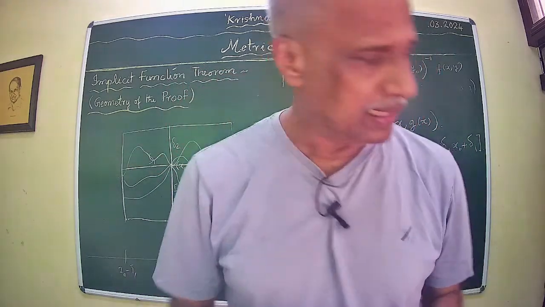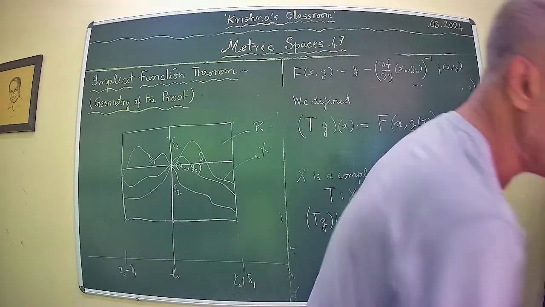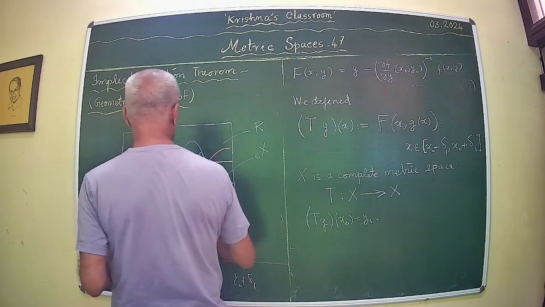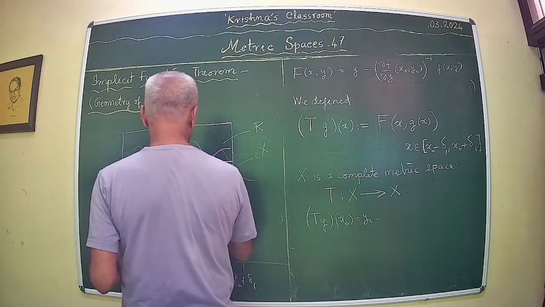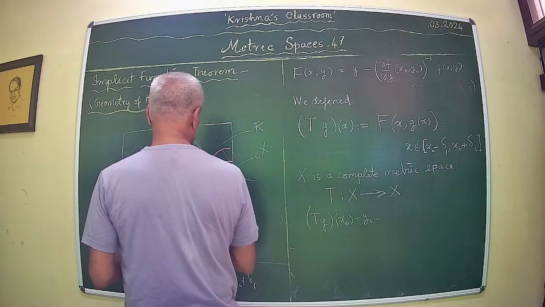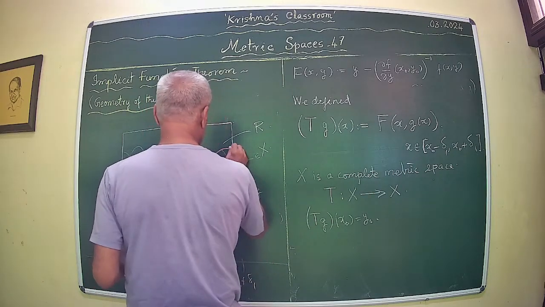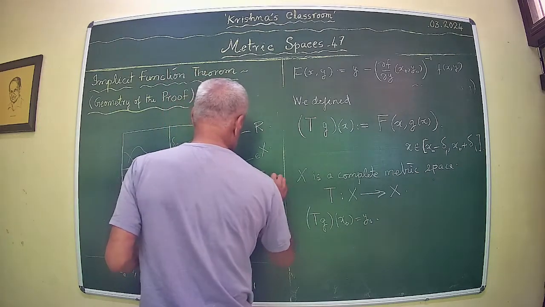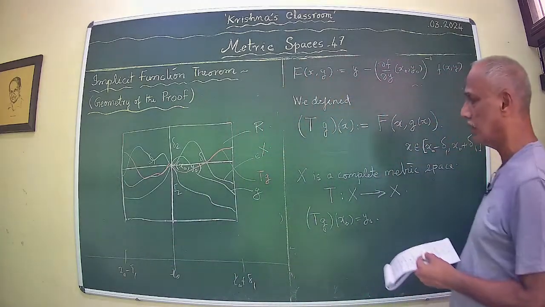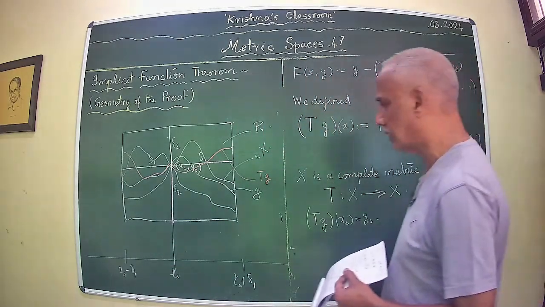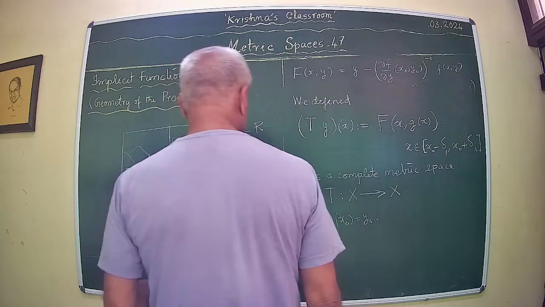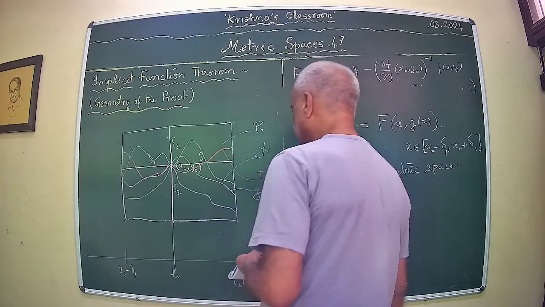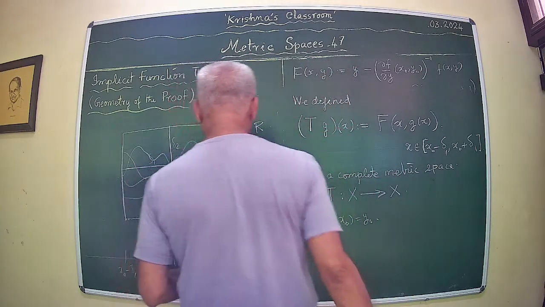So suppose this is g, this is T. So Tg is another curve defined on the interval x naught minus delta 1 to x naught plus delta 1, which has the property that Tg at x naught is equal to y naught, or in other words, the graph of the function Tg passes through the point x naught, y naught.